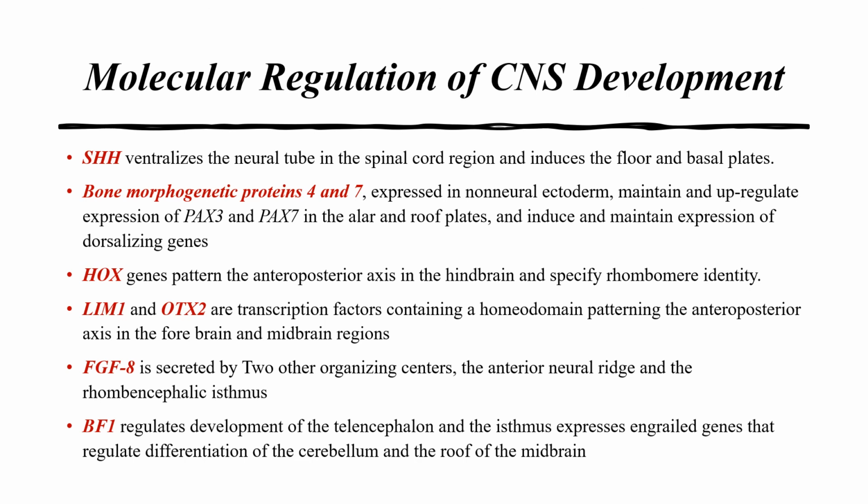You also have FGF8, which is secreted by two other organizing centers, the anterior neural ridge and the rhombencephalic isthmus. And then lastly, we have BF1, which regulates the development of the telencephalon, and the isthmus expresses engrailed genes that regulate differentiation of the cerebellum and the roof of the midbrain.